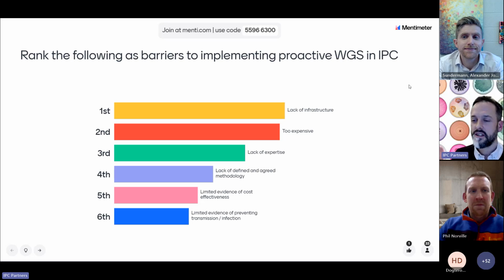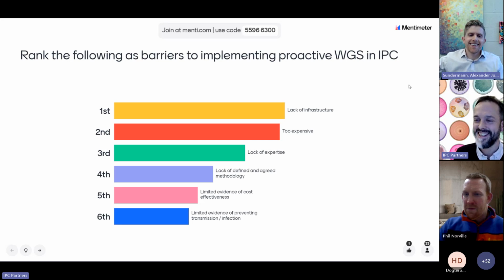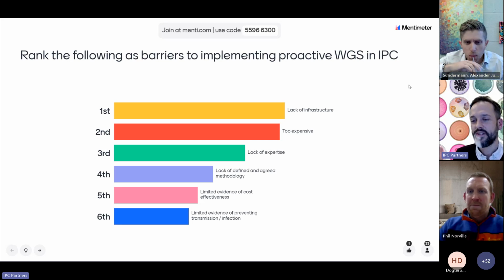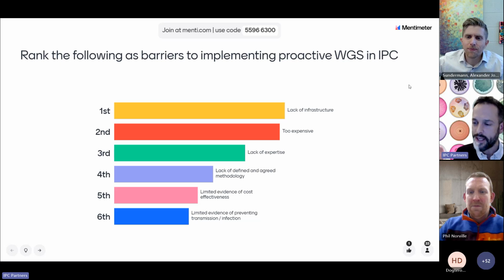Yeah. So this ranking is really interesting. I actually think this is exactly the same ranking that I put in. And lack of infrastructure and cost and expertise. I think many people working in the community have a bit of a blind spot for sequencing in general. It's just a language that they don't understand.